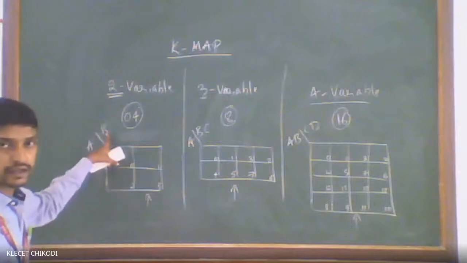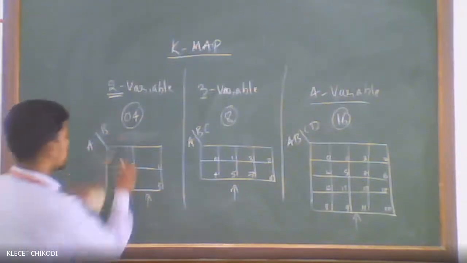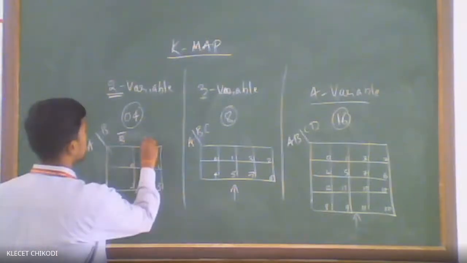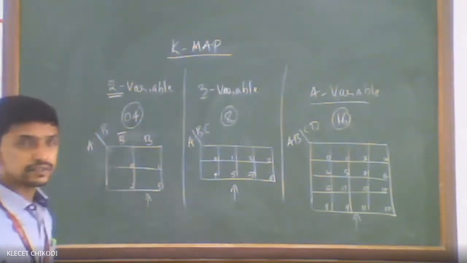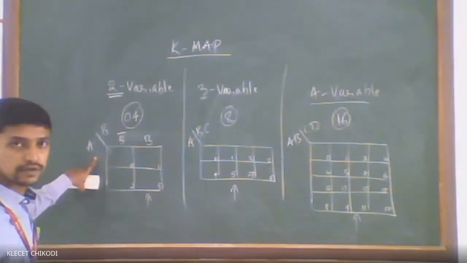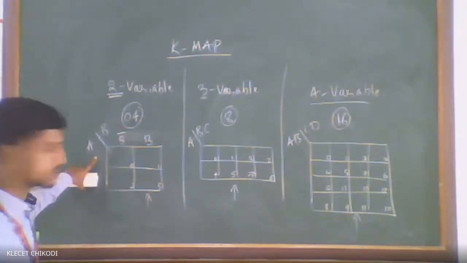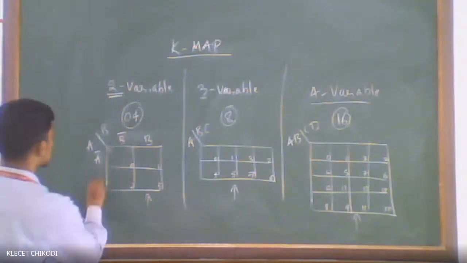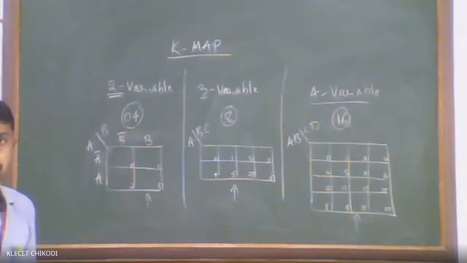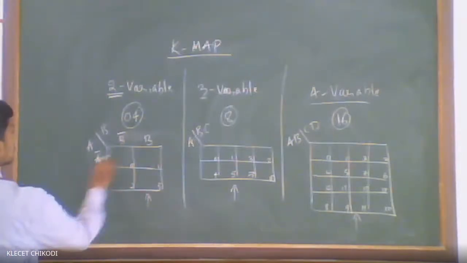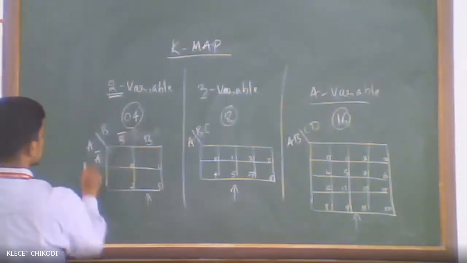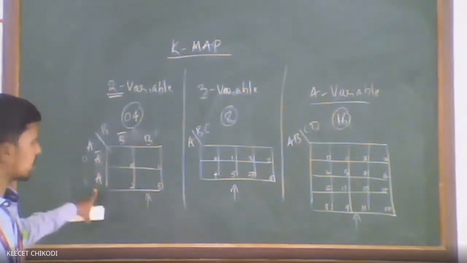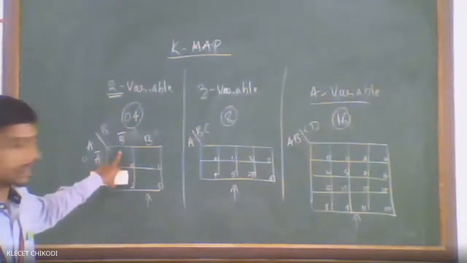For B variable, if it is a 0 here, I have to write B bar, and for 1 it will be B. Similarly, instead of 0, if I am writing in terms of variables, it will be A bar here, and it will be A here instead of 1. So either you can write 0, 1, 0, 1, or you can write B bar, B, A bar, A for 2 variable K-map.